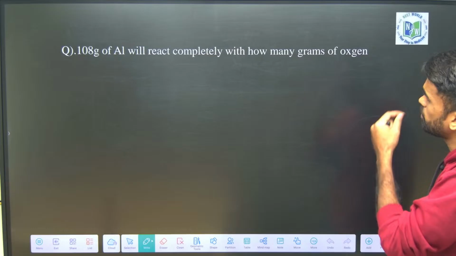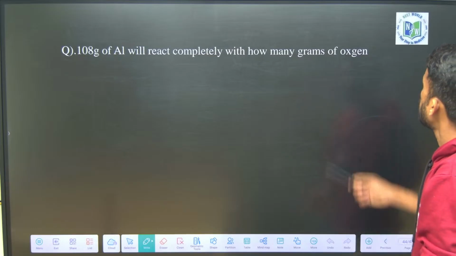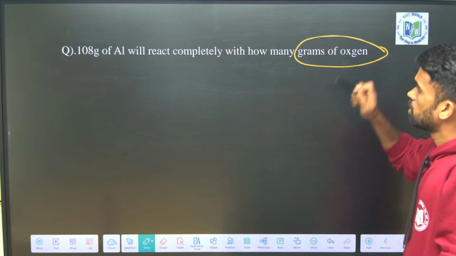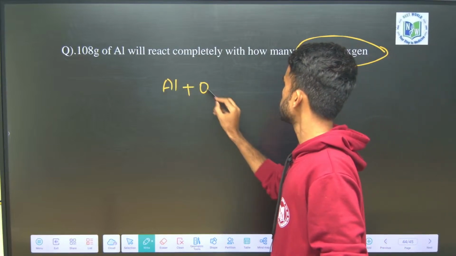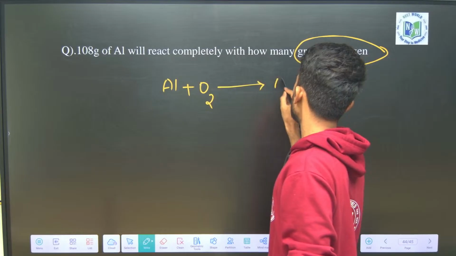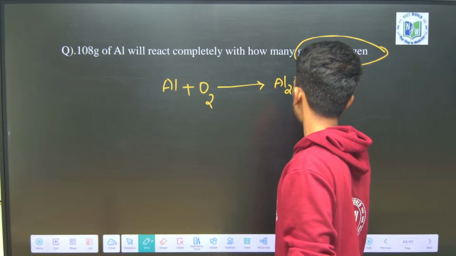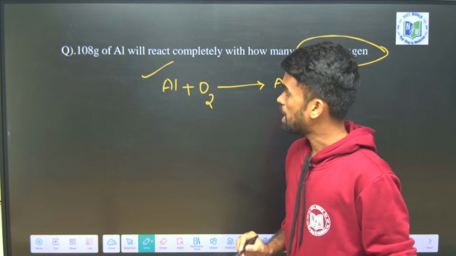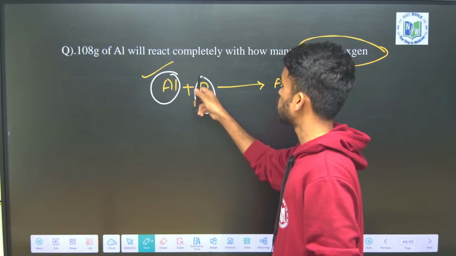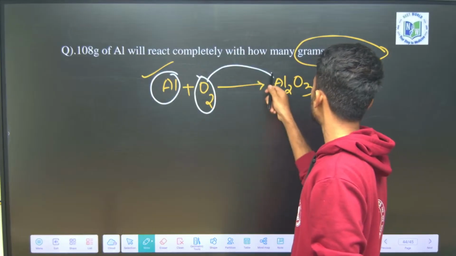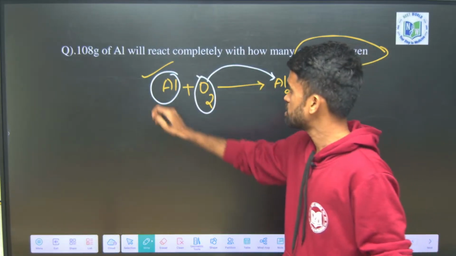108 grams of aluminum will react completely with how many grams of oxygen? So aluminum and oxygen combine to form Al2O3. First of all, balance this equation. After balancing, find how many moles of aluminum combine with how many moles of oxygen, forming how many moles of Al2O3, from their stoichiometric coefficients.